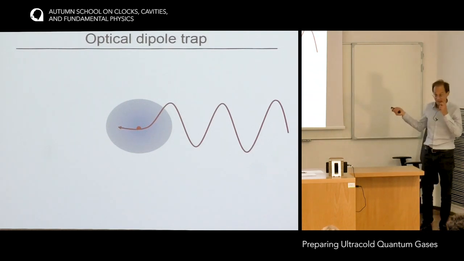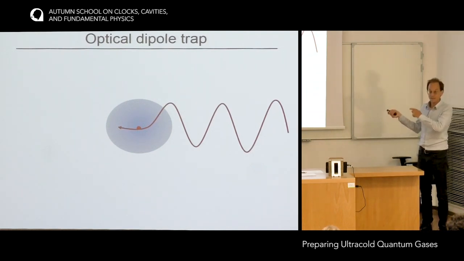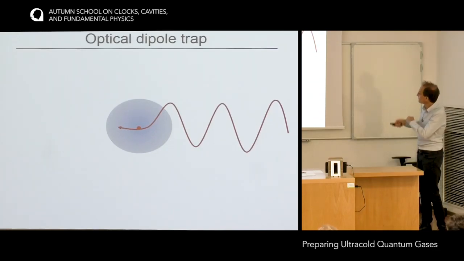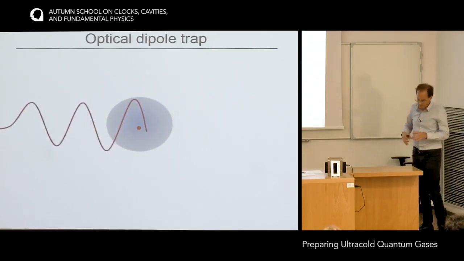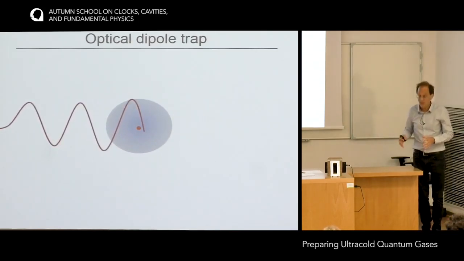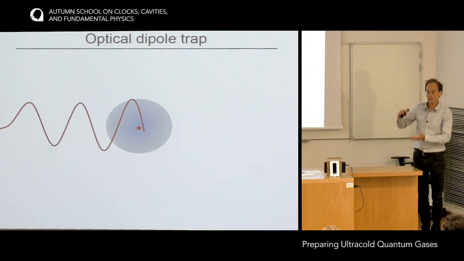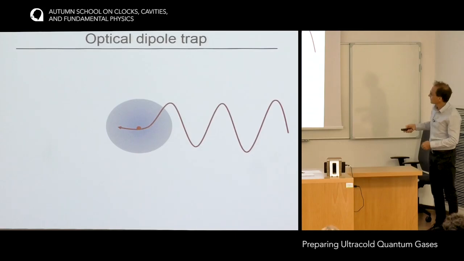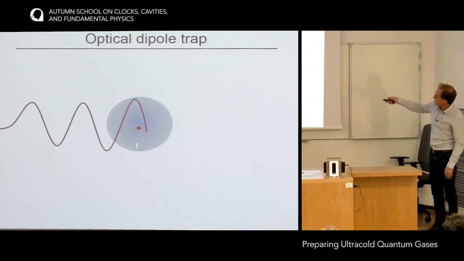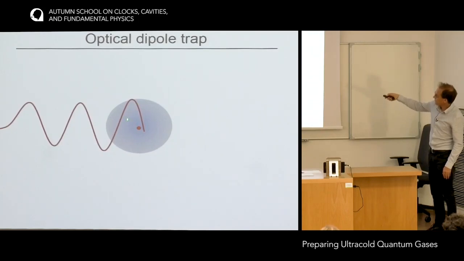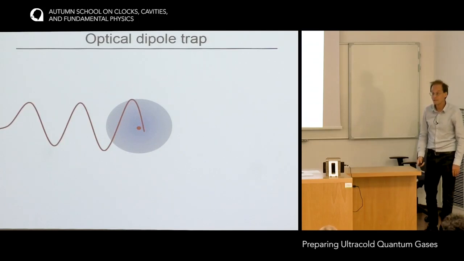Here's a laser beam. It's not a near-resonant laser beam. So the atom barely absorbs photons from this laser beam. It's an infrared laser beam. And since it's infrared, the frequency of this laser beam is way slower than the timescale on which the electron shell can react to the electric field. So the electron shell is always shifted to the side such that you have an electric dipole parallel to the electric field.